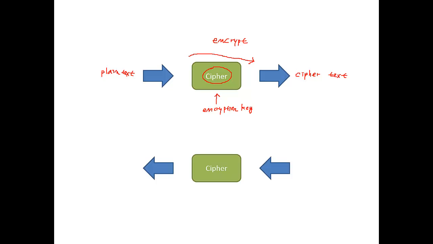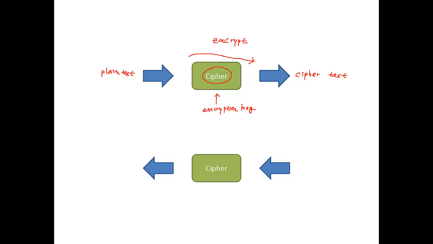You can see the role of the encryption key here, because whenever you use the same cipher algorithm over and over again to encrypt plain text into ciphertext, as long as you know what the algorithm is, and typically the cipher algorithm is publicly available, you should be able to figure out the plain text from the ciphertext very easily, because it's just reverse engineering using that algorithm.